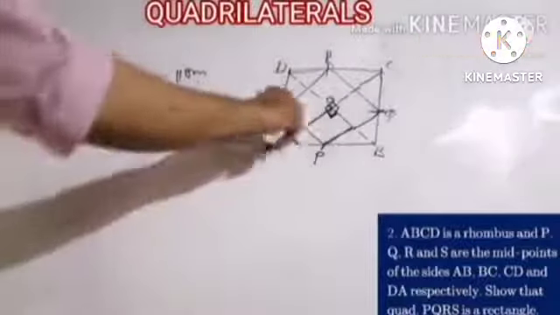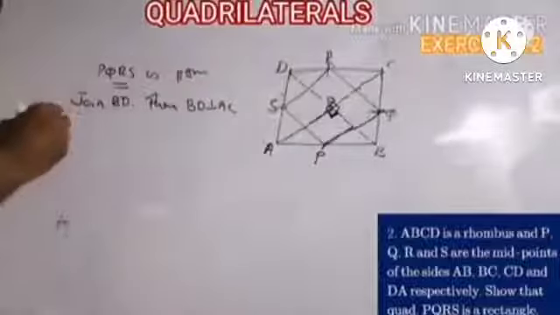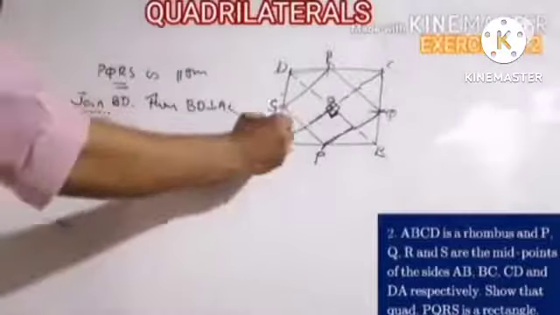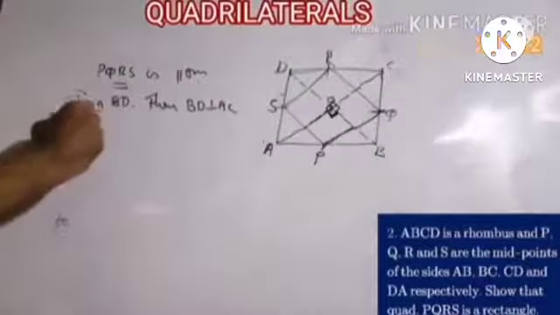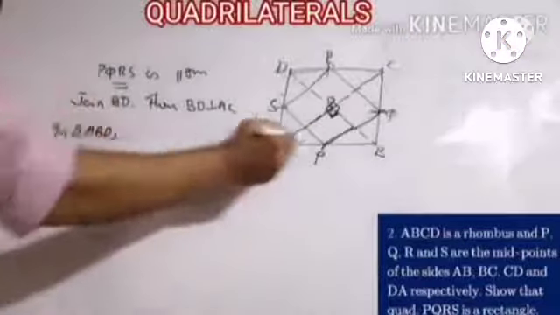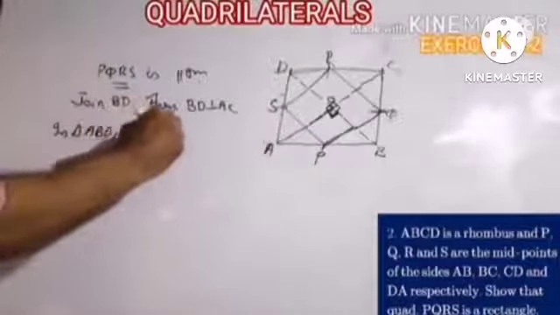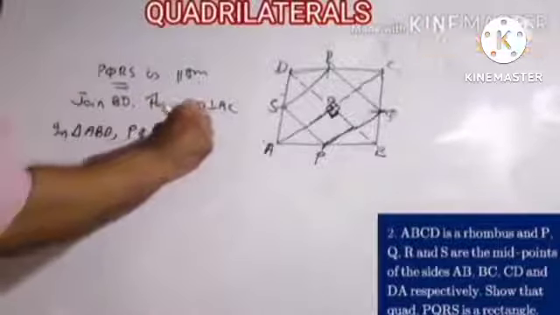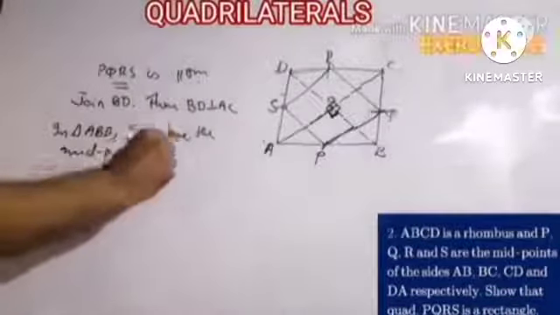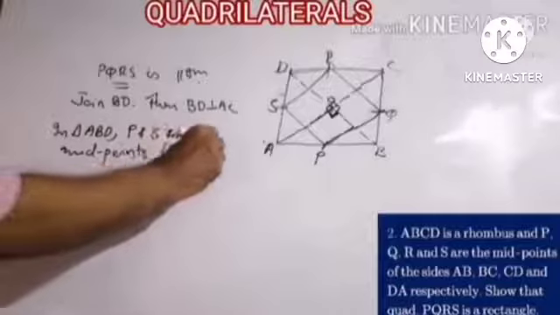Can you prove that BD parallel PS in triangle ABD? Which are the midpoints? P and S are the midpoints of AB and AD.